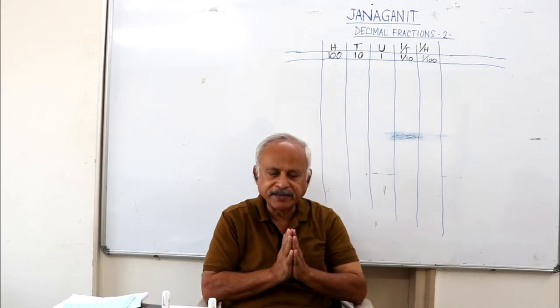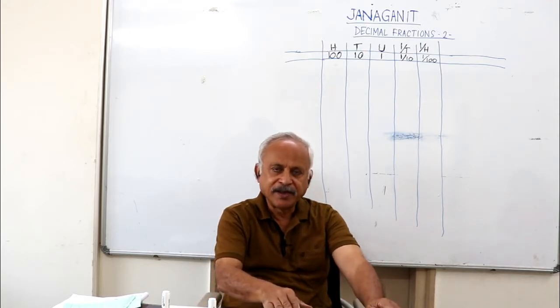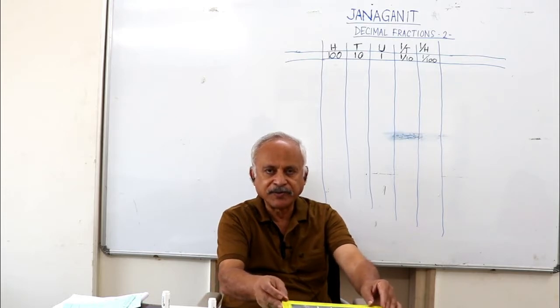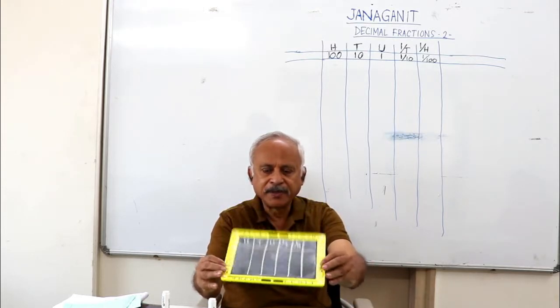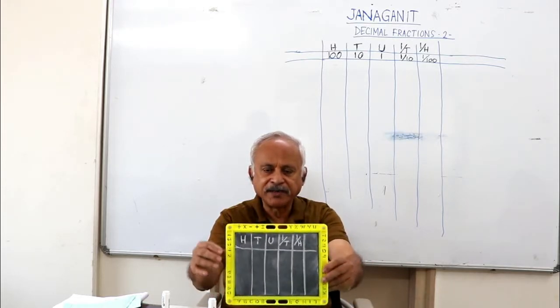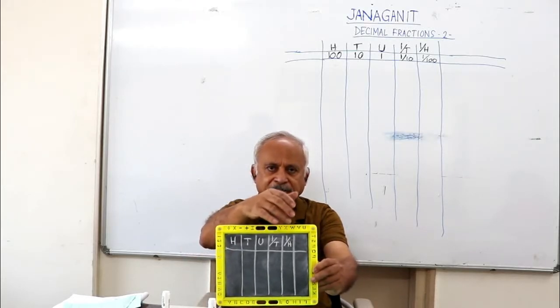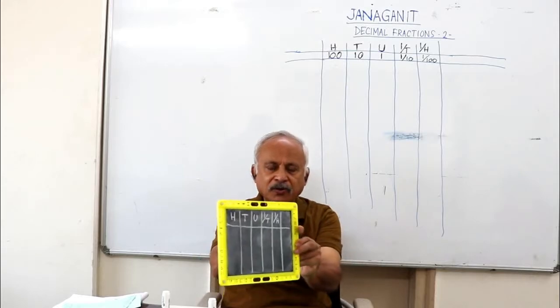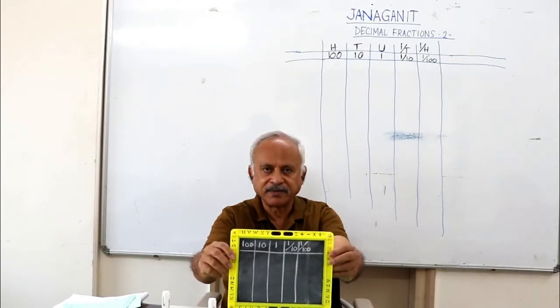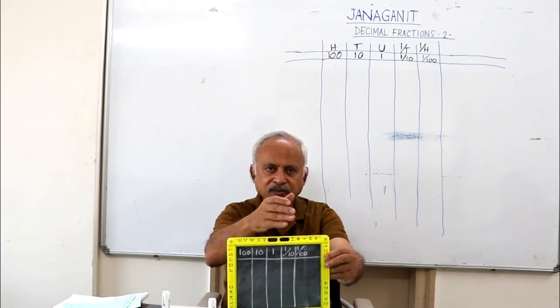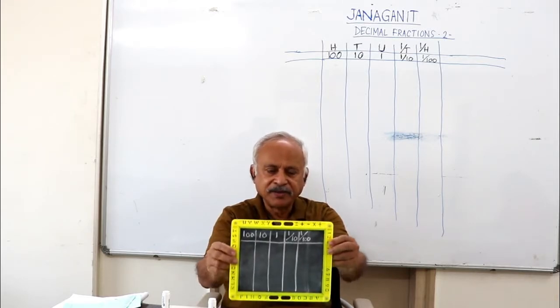And then we can place it in the houses. We can write the names of the houses. If you recall, this was one way of writing it, the house of hundreds, tens, units, 1 by 10s, 1 by hundreds. Or we could write it like this, in numerals, hundreds, tens, ones, 1 by 10, 1 by 100.